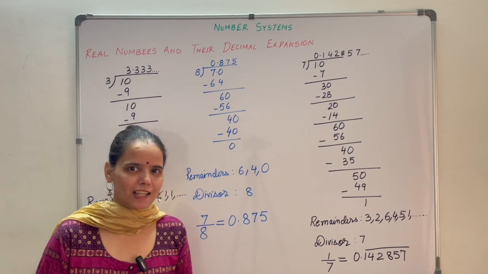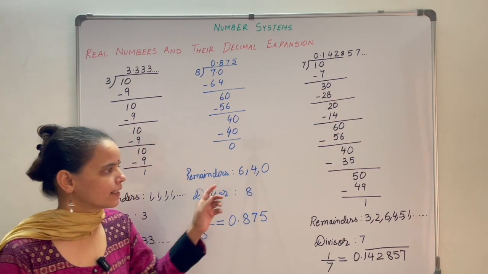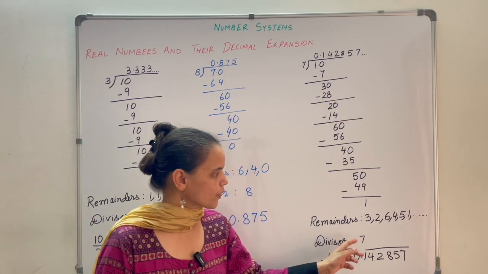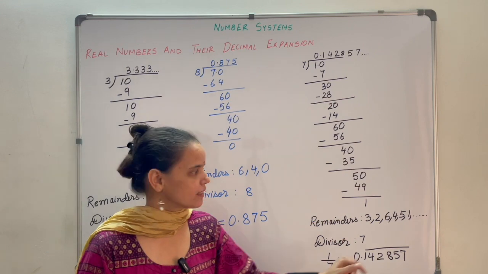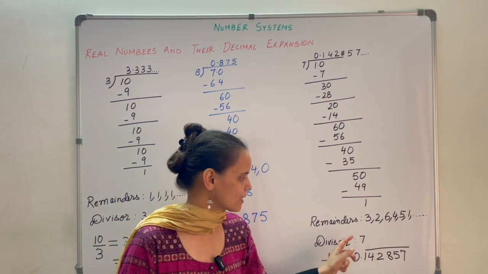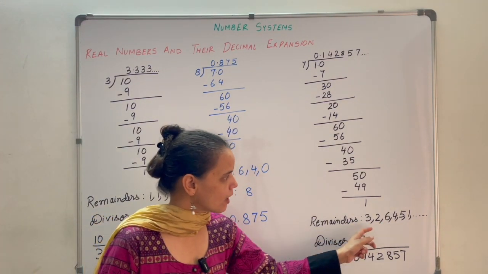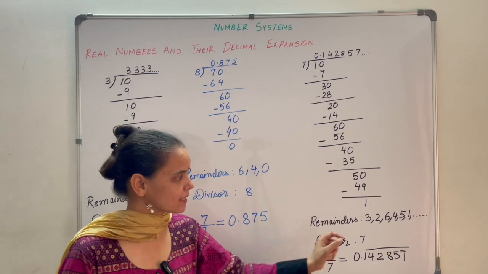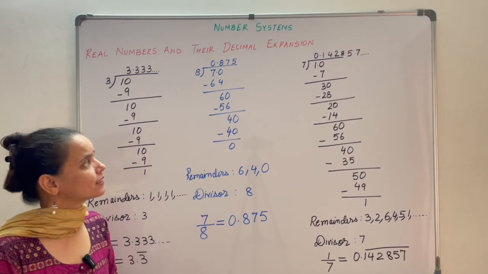So this is our second point. Here all the numbers lesser than 7 are there in the remainders: 1, 2, 3, 4, 5, 6. So you can have a maximum of 6 remainders when the divisor is 7.